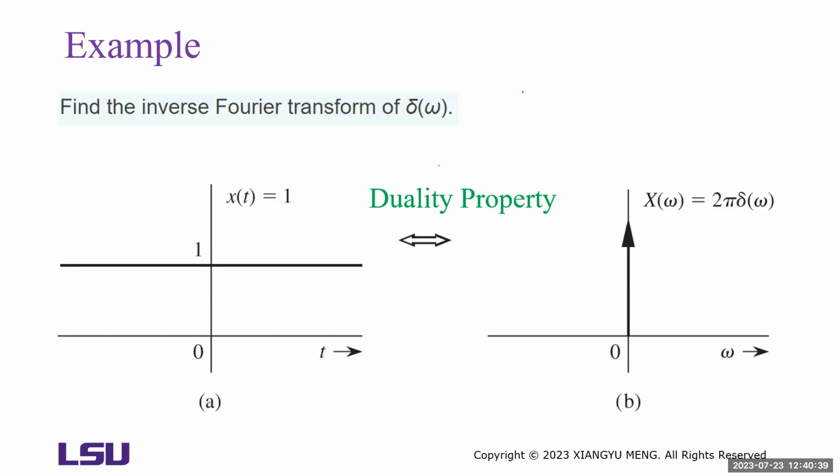As I already showed you, the Fourier transform of the unit impulse function is 1. If we use the duality property, we can switch the two functions. The function 1 has its Fourier transform in the frequency domain equal to 2 pi times delta omega. So this is the duality property.